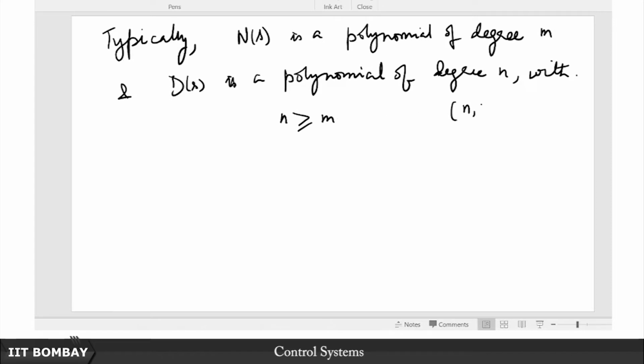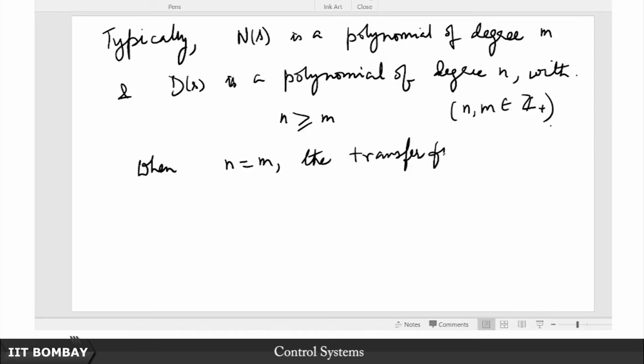What are n and m? They are obviously positive integers. So typically the degree of the denominator polynomial is greater than or equal to that of the numerator polynomial. When n is equal to m, the transfer function is said to be biproper.